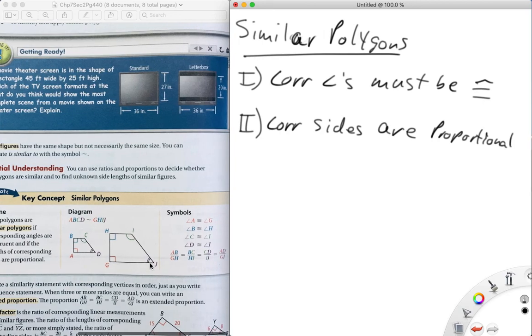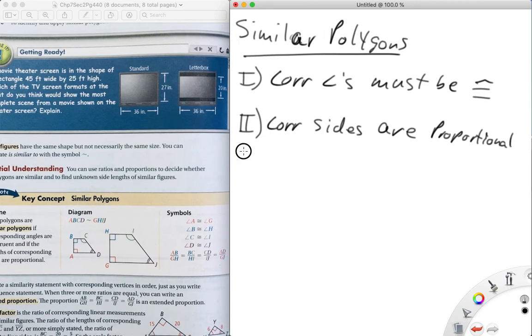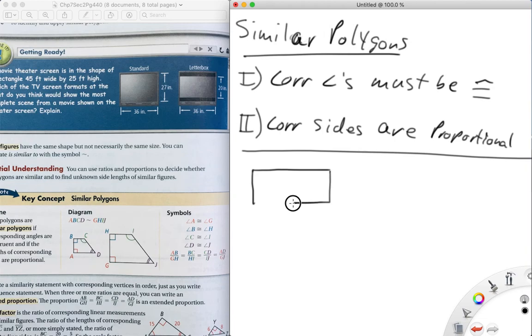So here they give us two shapes. I'm not going to write them like that. I'll just do it like the two rectangles because it's going to be easier. So A, B, C, D. These guys are all 90.